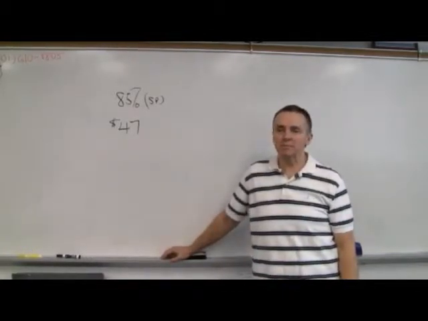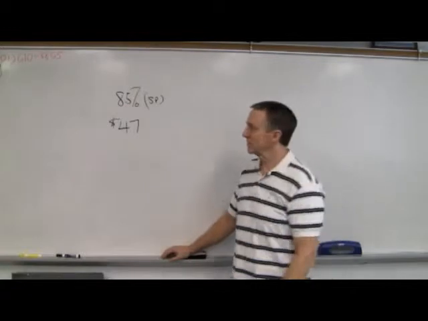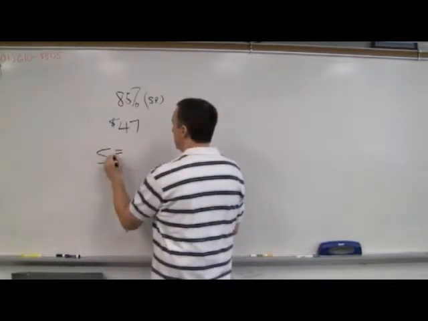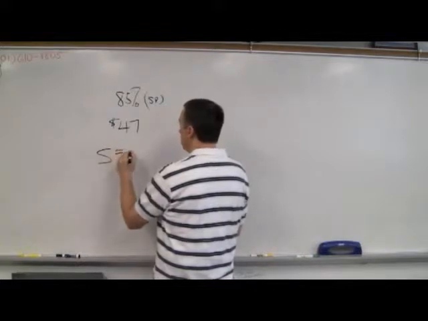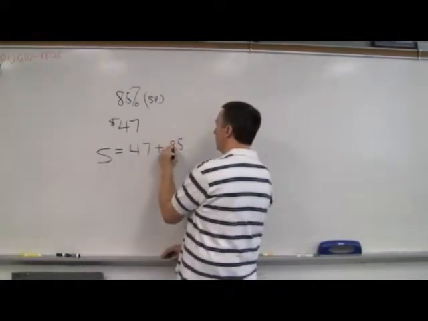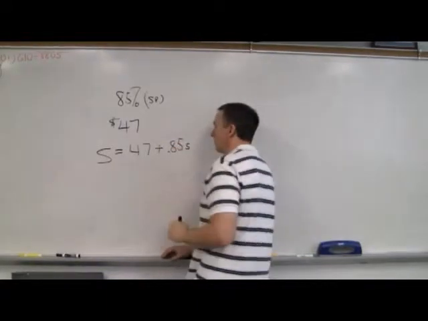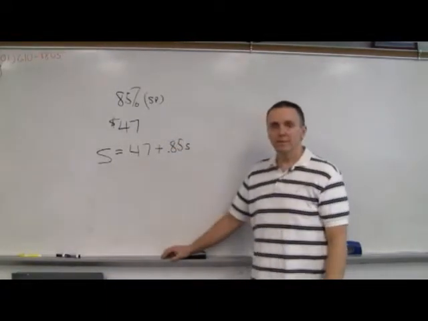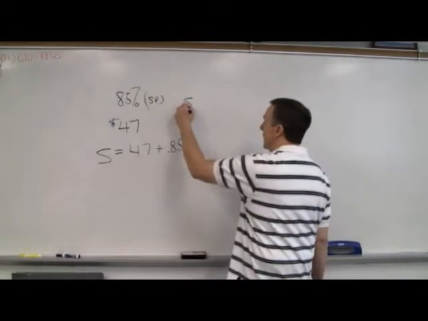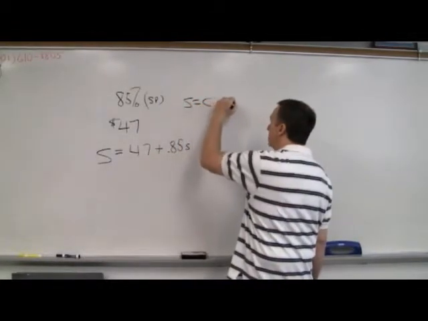What's the setup? S equals $47 plus 0.85 times selling price. Is that right? Would everybody agree? That is correct because the equation we use is selling price equals cost plus markup.